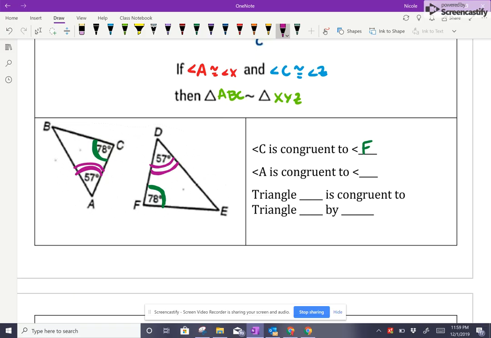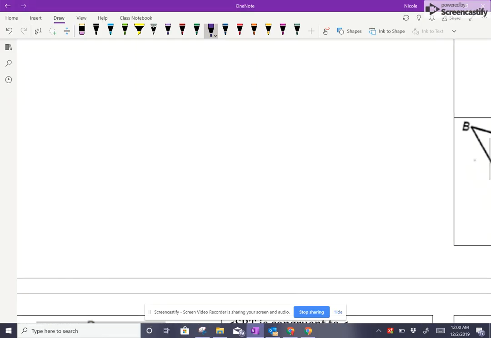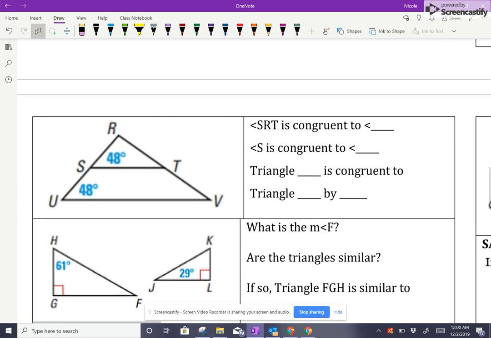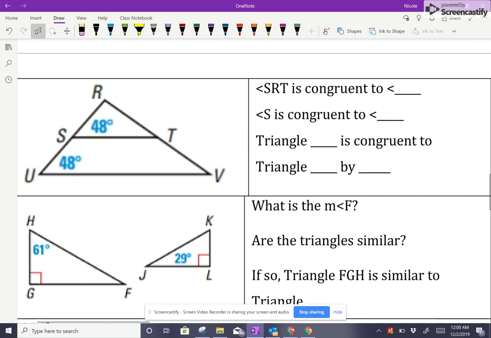So because of the angle-angle shortcut, triangle ABC is going to be similar to DEF by the AA shortcut. So by the angle-angle shortcut. Okay? So let's see if we can look at a few more examples of that.